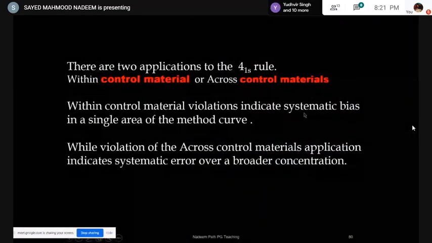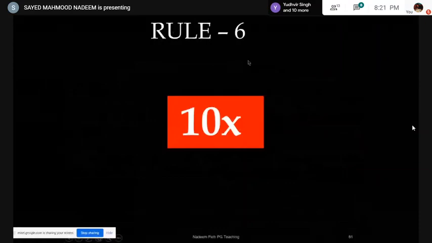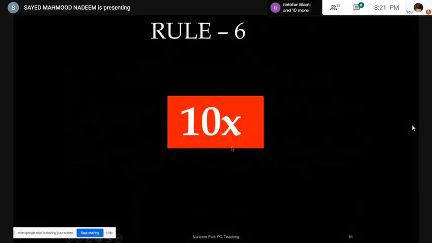Now we go to the last rule of Westgard, which is the 10x rule. As you can see here, SD is not mentioned. It is not mentioning 2 SD or 1 SD, it is talking about x, meaning 10 points.